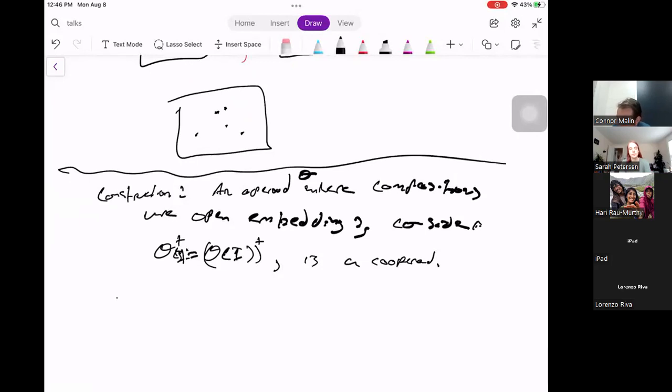This is because this functor plus is actually contravariant with respect to open embeddings.